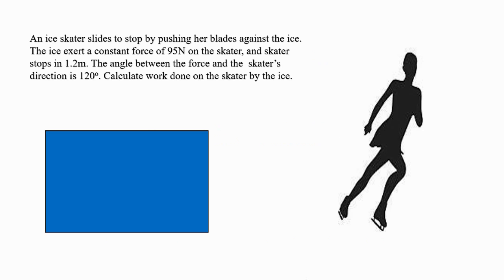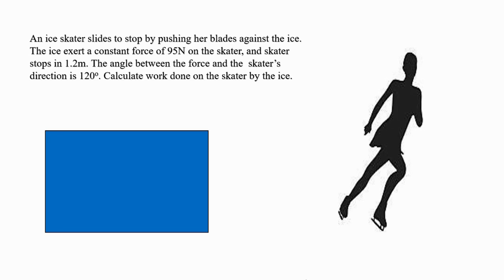Negative work. An ice skater slides to stop by pushing her blade against the ice. The ice exerts a constant force of 95 Newton on the skater, and skater stop in 1.2 meter. The angle between the force and the skater's direction is 120 degree.